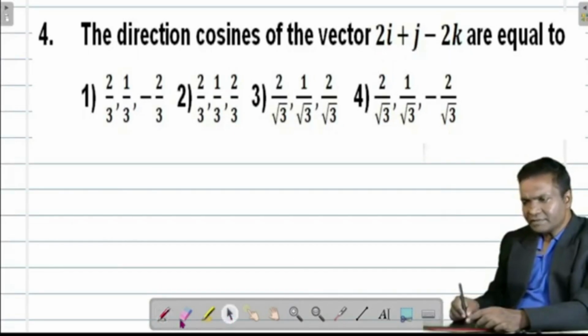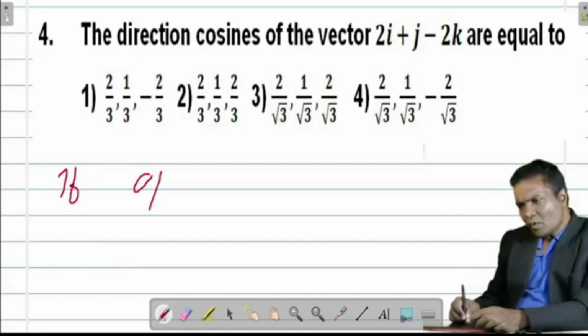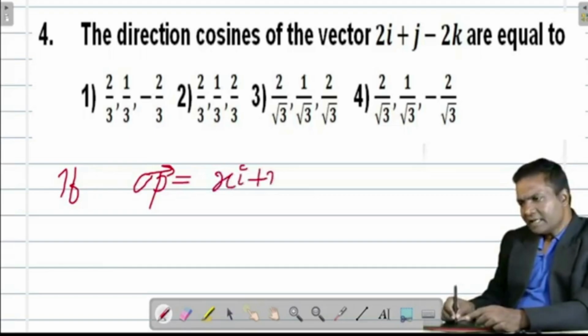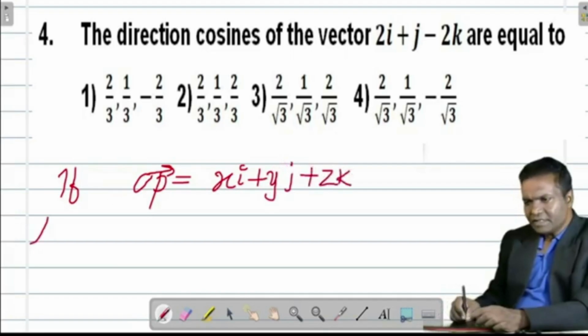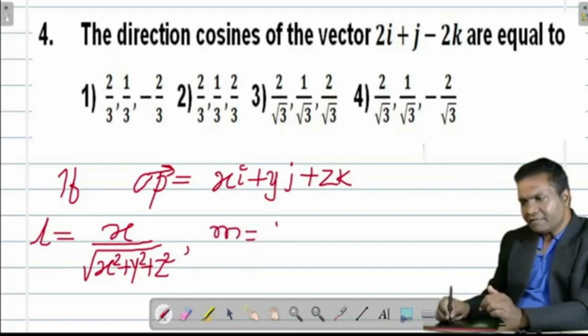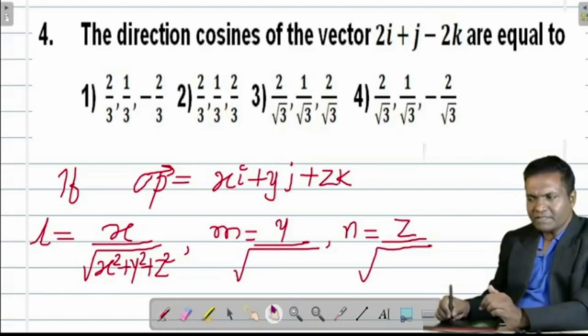So we know that if OP is any space vector or position vector of point P, say xi plus yj plus zk, then the direction cosines of OP are given by l equals x by square root of x square plus y square plus z square, and m is given by y by the same thing, and n is given by z by the same square root of x square plus y square plus z square.